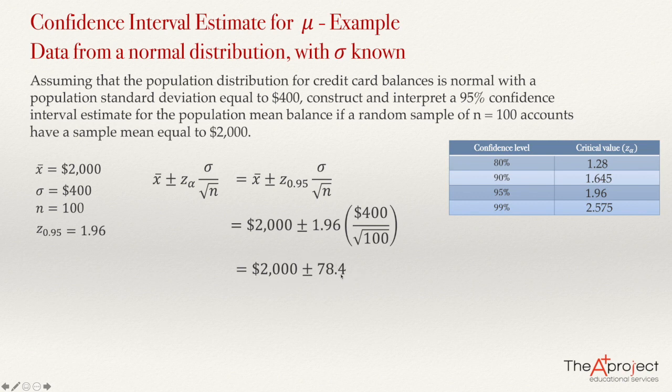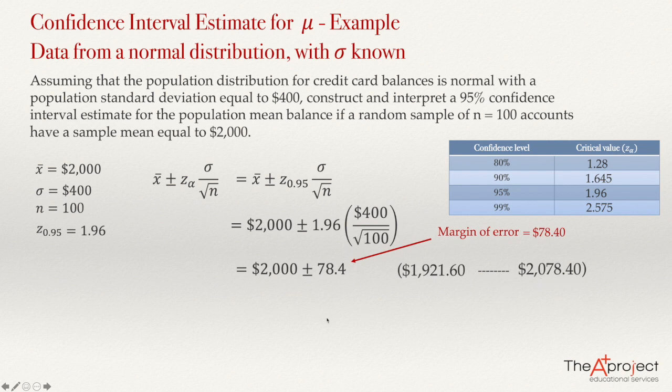And this 78.4 is what we call the margin of error. So the margin of error is $78.40. And 2000 minus 78.4 will give you the lower bound, or the lower limit, of this interval. And 2000 plus 78.4, that will be 2078.4, will give you the upper bound of the interval.